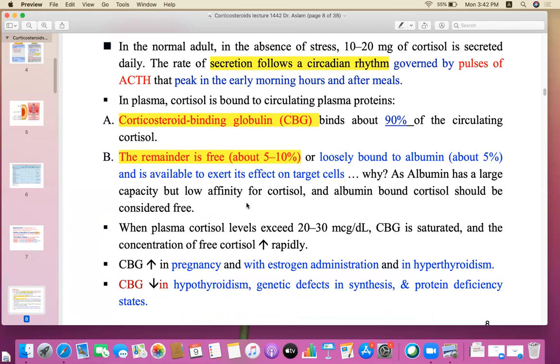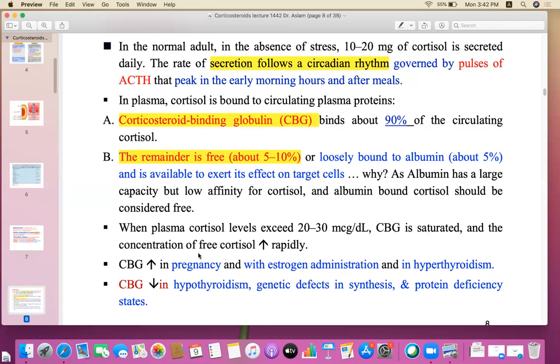There is also one term, CBG saturation. CBG means corticosteroid binding globulin. When plasma cortisol level exceeds 20 to 30 microgram per dL, dL meaning deciliter, or 100 ml of blood, the corticosteroid binding globulin is saturated.